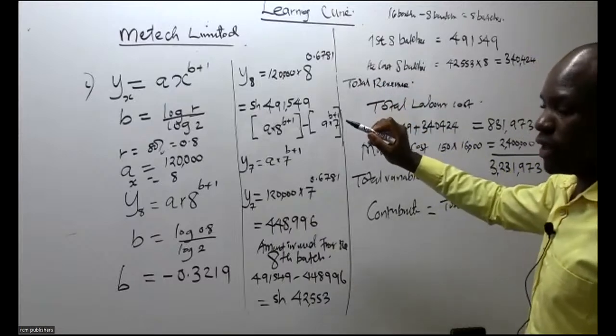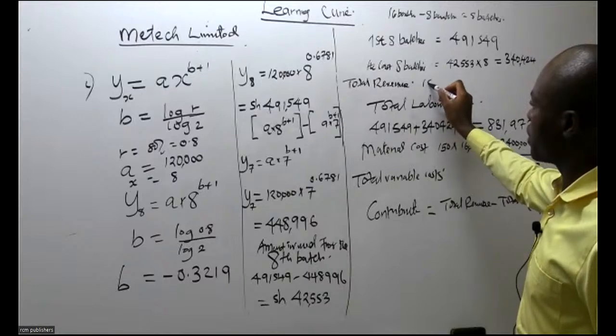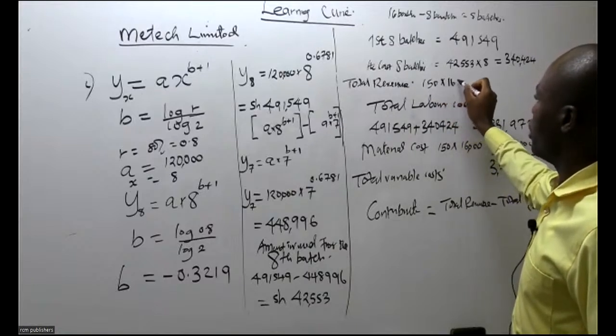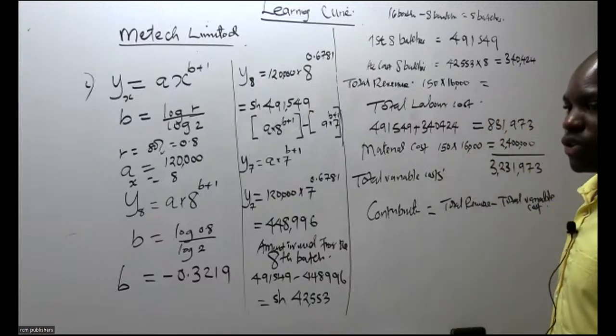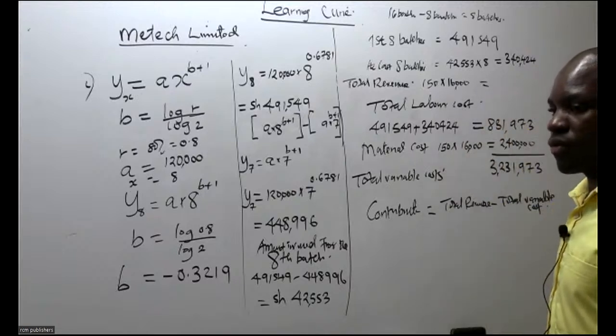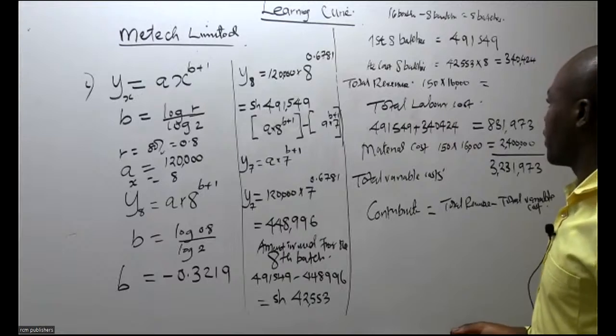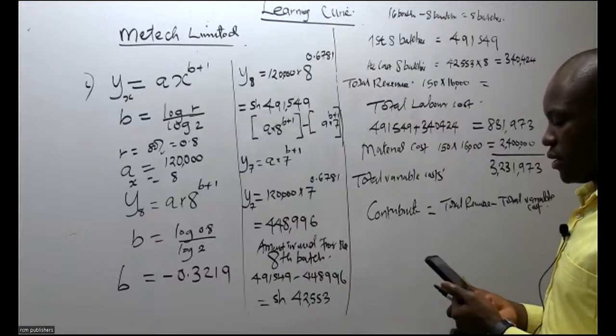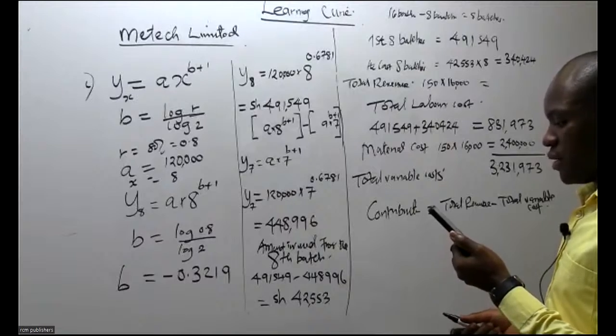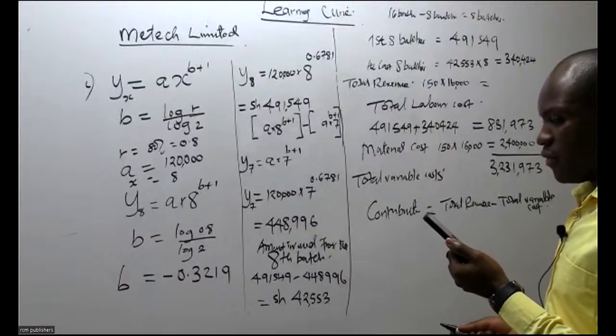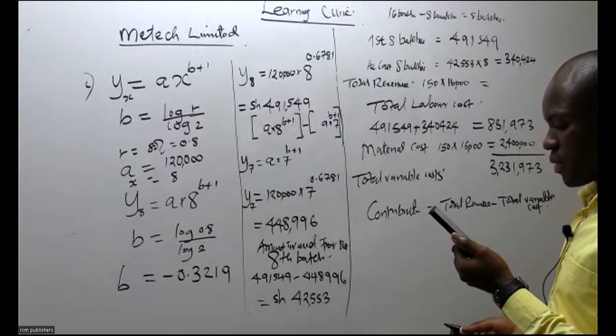Our total revenue is equivalent to selling price per unit multiplied by the units that were sold, which is 16,000. What is your total revenue? Sorry, not even 150. Is it really 150? Is it additional information number 1, or is it not even additional information?